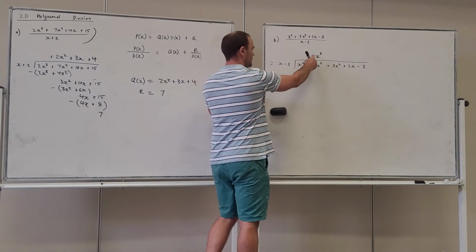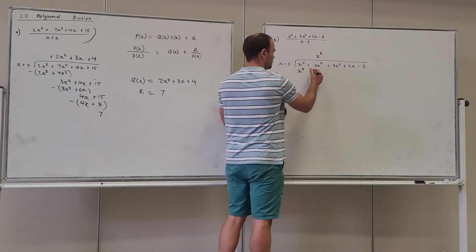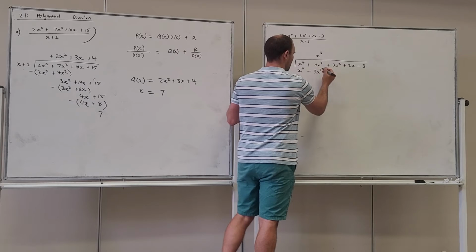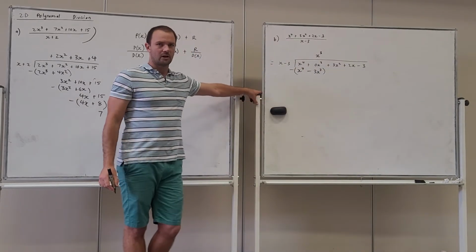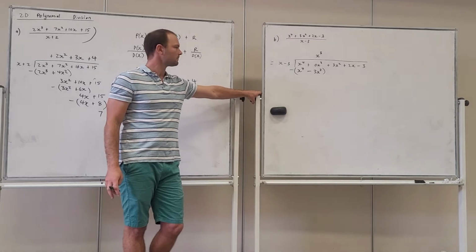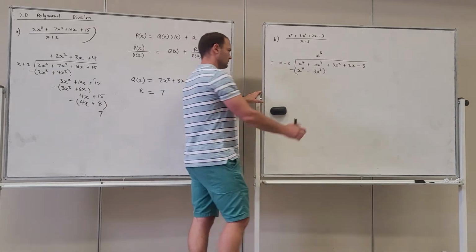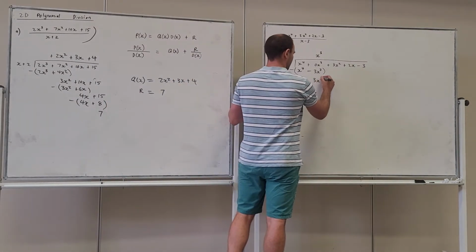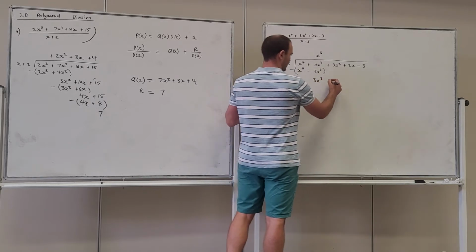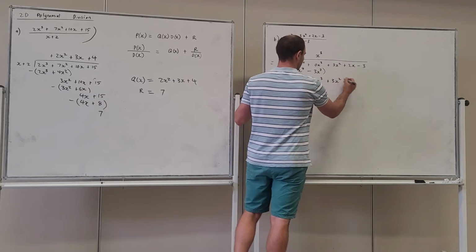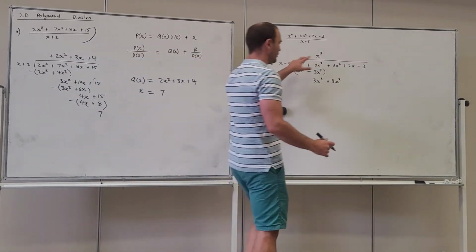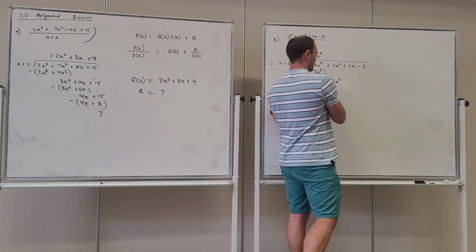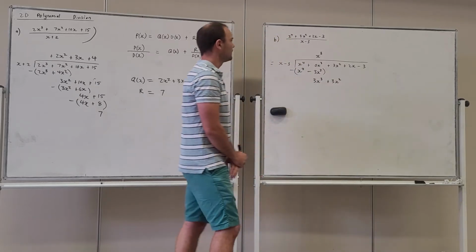X to the 3 times minus 3 gives you minus 3 lots of x to the 3. We will then subtract it away. X to the 4 will cancel. And this will leave us with positive 3x to the 3. And you can write the whole thing down, although it isn't necessary. You'll see we only need 2 there at the moment.